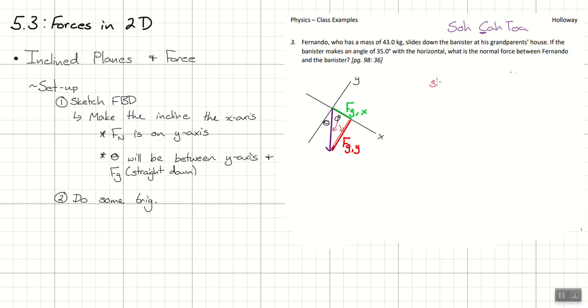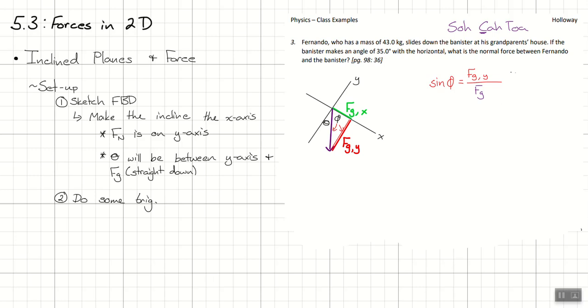I know that sine of phi, instead of cosine, which we used the first time, I typically associate sines with y. Sine of phi on this triangle is going to be the opposite length, which is the force of gravity in the Y direction, over the hypotenuse, which is this purple line, which we've already decided was the force of gravity overall. Cool. Once we have this, we're good to just start cooking.